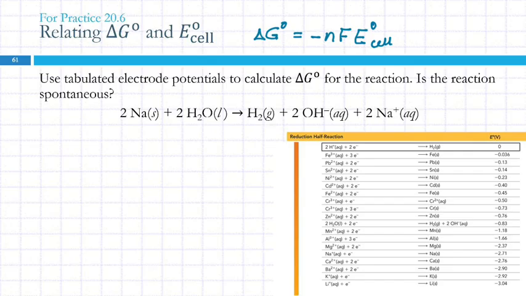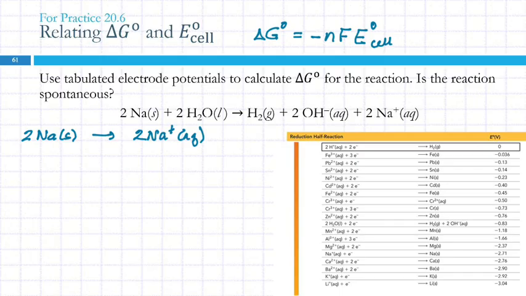So I've got an oxidation and a reduction here. Sometimes you can look at these and just kind of pick them out. Other times you really need to write two half reactions. Let's write two half reactions here. So 2 sodiums is going to become 2 sodium ions.